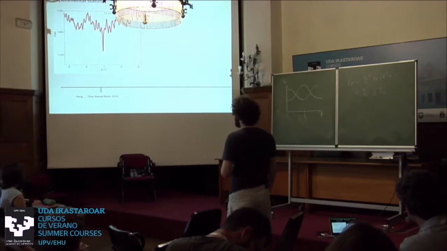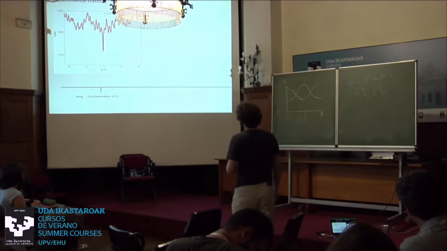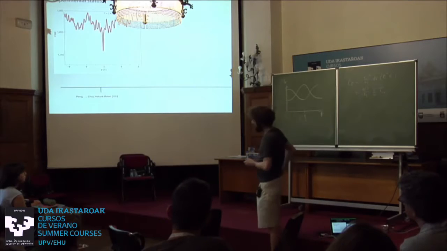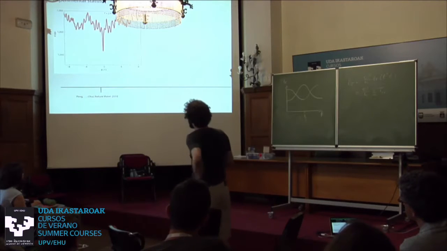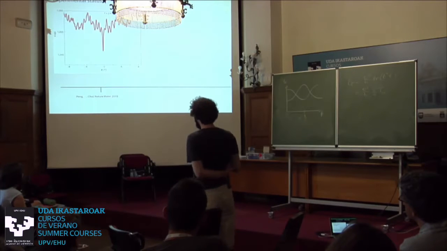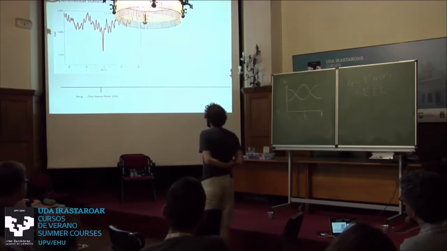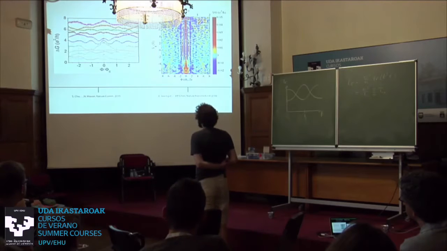This is an experiment that does exactly that, and you see oscillations. There's a big peak at 0, which has to do with presumably some weak localization effects. But the period roughly corresponds to the flux quantum through the sample. So this is nice. Here are more experiments that do the same.